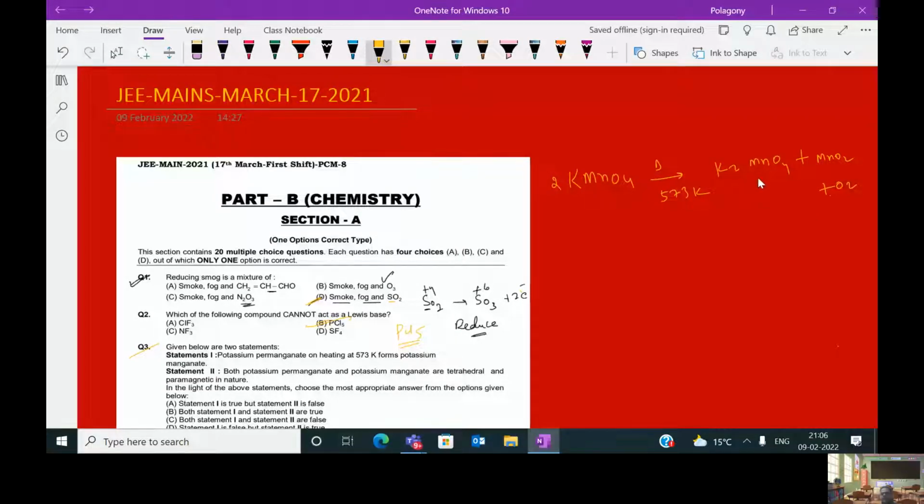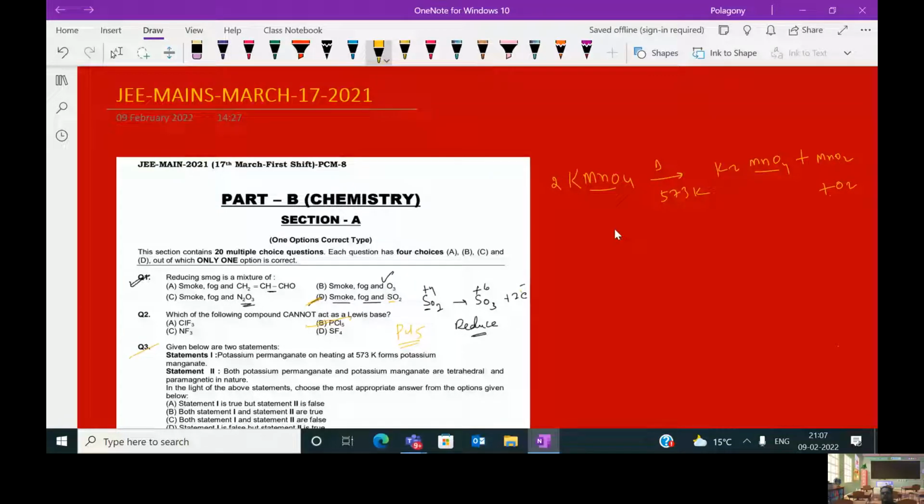This is potassium permanganate changing into potassium manganate. Statement 2: both potassium permanganate and potassium manganate are tetrahedral and paramagnetic in nature. So if you look at the structure of permanganate and manganate, they are tetrahedral, but we should check the magnetic nature.